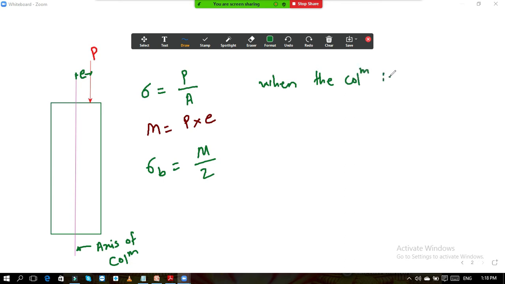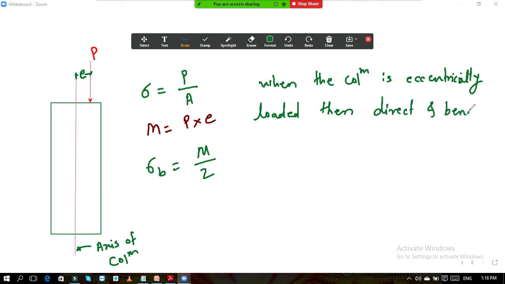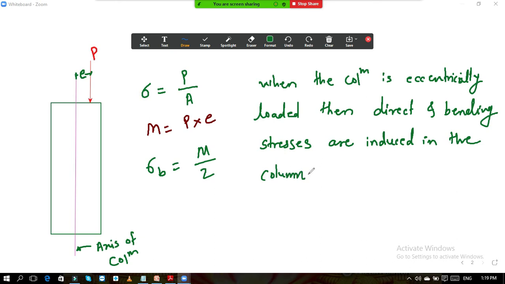When the column is eccentrically loaded, direct and bending stresses are induced in the column.